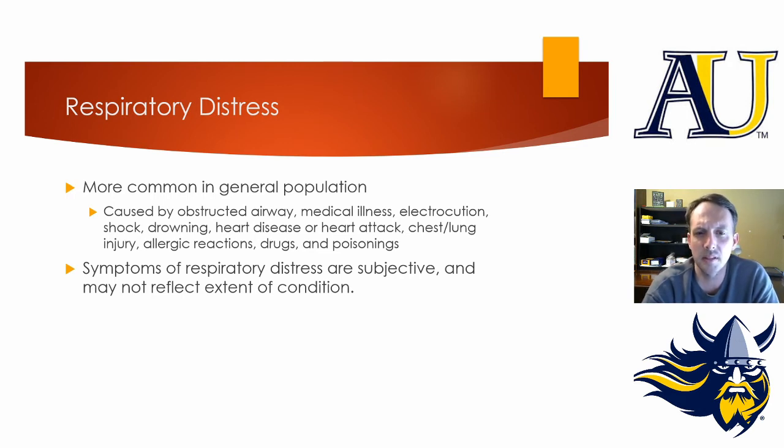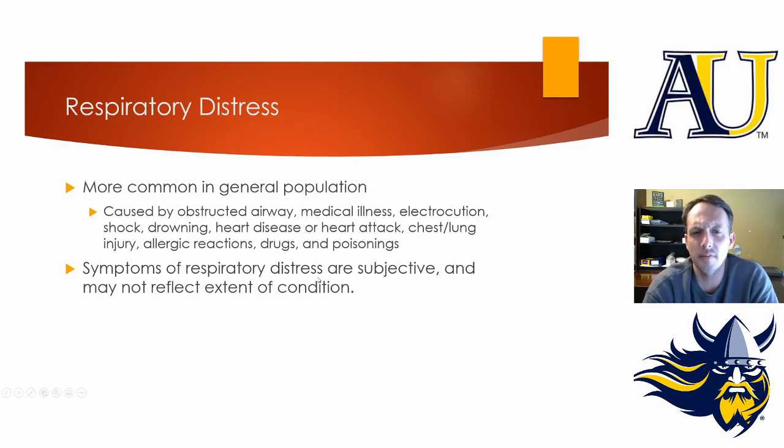Now, this is obviously much more common in the general population. When we look at this idea of obstructive airway from COPD, right, medical illness, but we also can see it in some more acute situations: electrocution, shock, heart disease, heart attack, chest lung injury, allergic reactions, and poisonings. So respiratory distress is still something that we will possibly see.